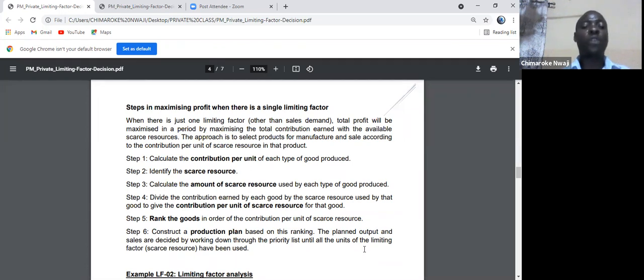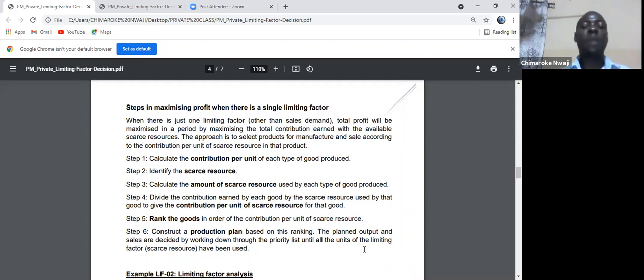Now, I want you to note something here. This amount of scarce resource, when we divide it from the step 1, that gives you your step 4. This step 4 result, which is contribution per unit of scarce resource, the usefulness ends when we have done the ranking in step 5.